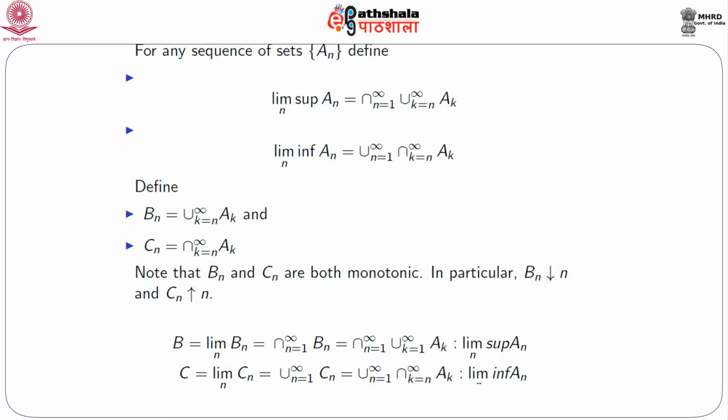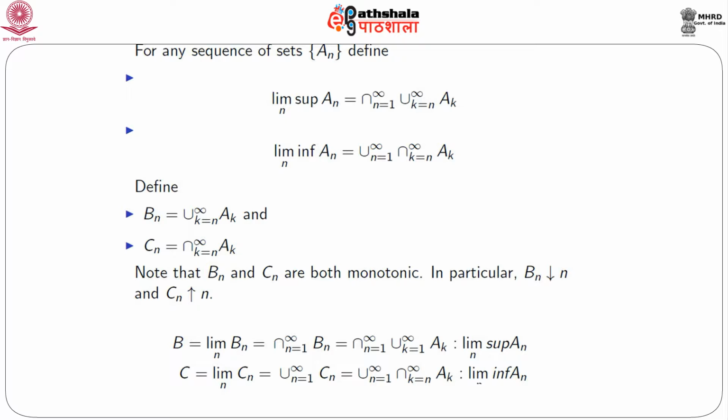Whenever you are talking about the limit of an increasing sequence, it must go to its union, whereas the limit of a decreasing sequence must go to its intersection. Using this notion, we can define B as the limit of B_n, which is the intersection over n from 1 to infinity of B_n, because B_n is decreasing. So, its limit will be its intersection.